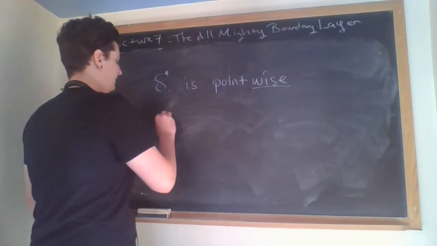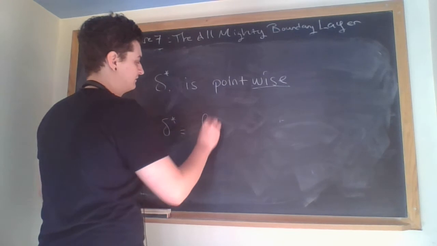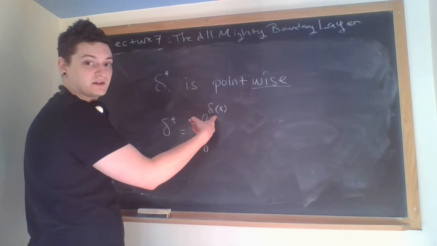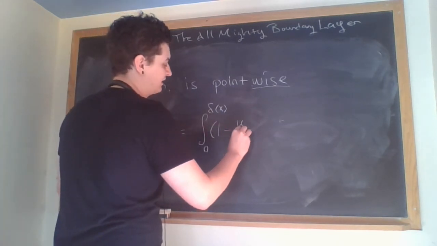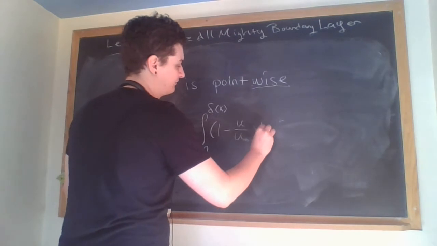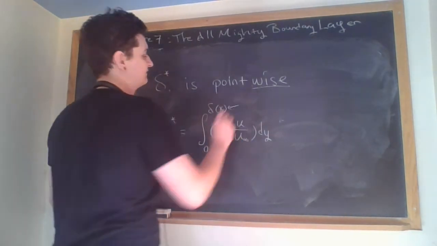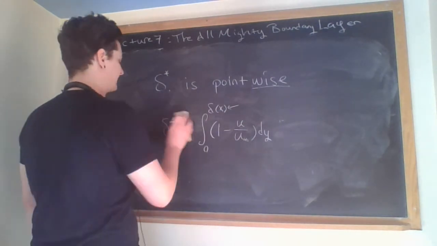So you can see that the boundary layer is a function of x, and you can see the functionality come up that way. Here's the displacement thickness, but you have to keep reminding yourself that it's a function of x because the upper end of the integral is a function of x. So it's not a constant property.